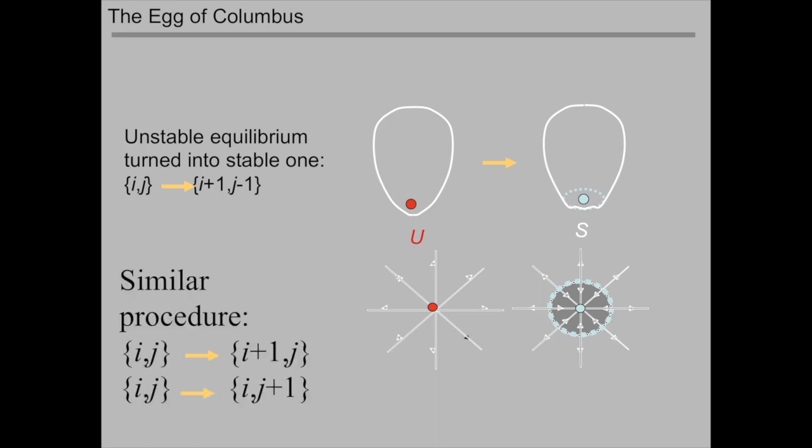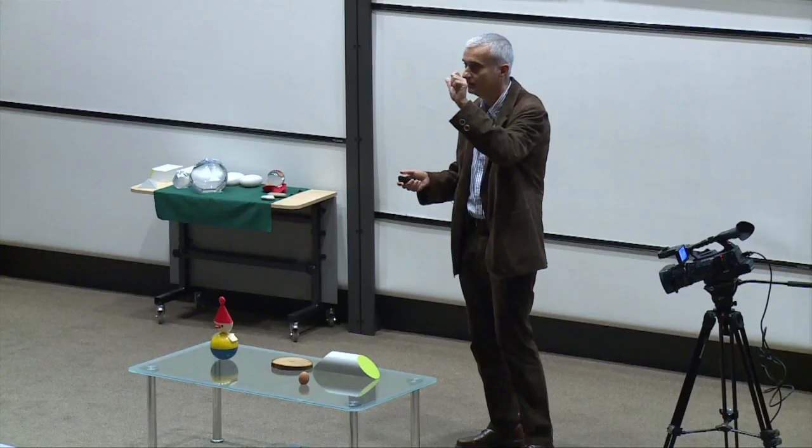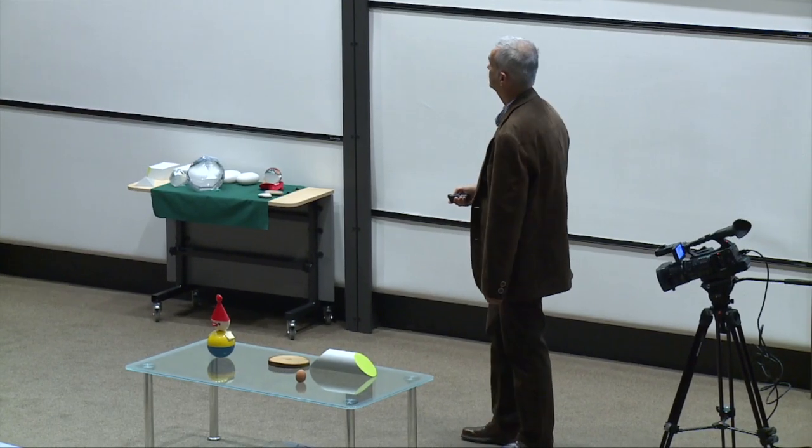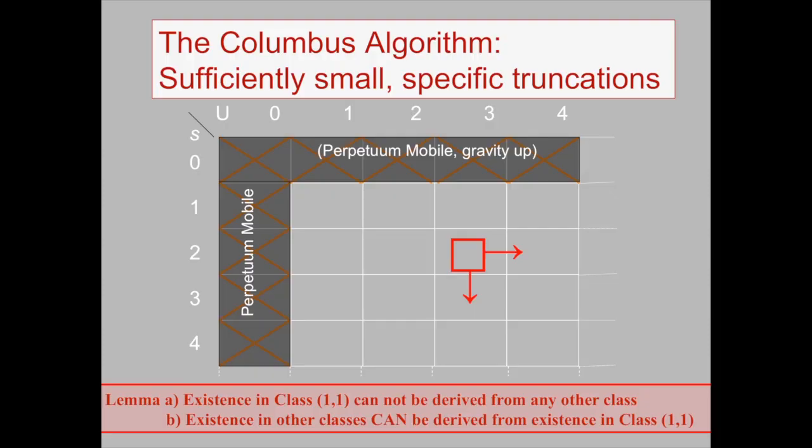And we can formalize this. It's not difficult to prove that if you have i and j stable and unstable points, you can always increase one of them by a suitable small truncation. This is what we call the Columbus algorithm.